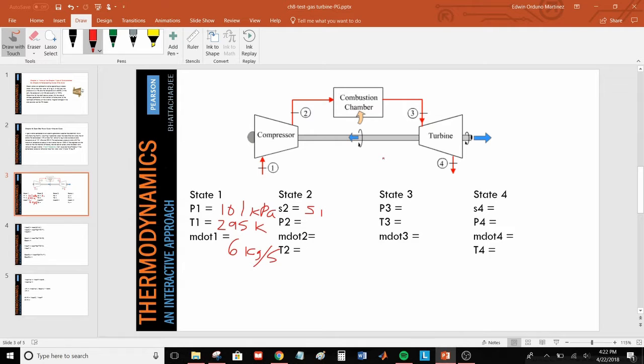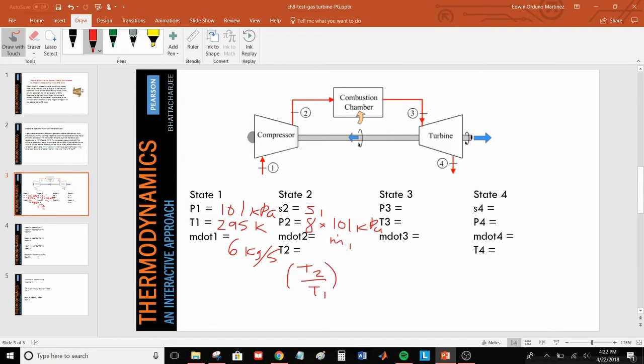The compressor pressure ratio is given as 8, so that means 8 times pressure 1. And mass flow rate remains the same as m dot 1. And temperature 2, we can solve using the isentropic relationship.